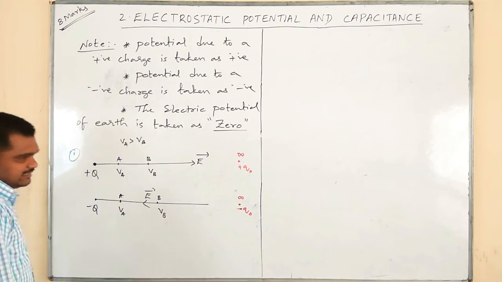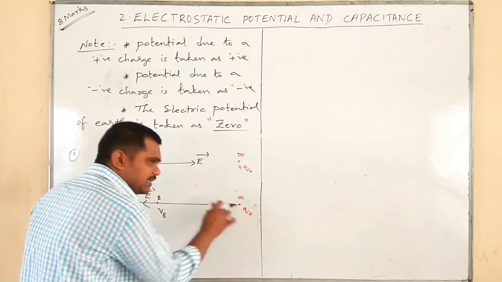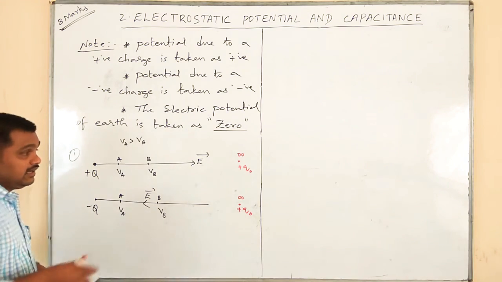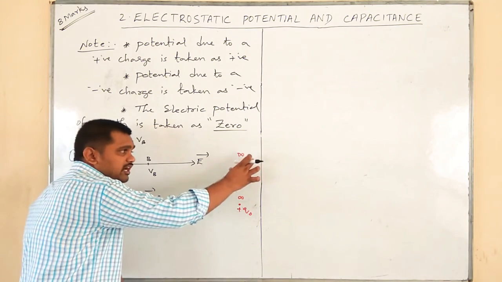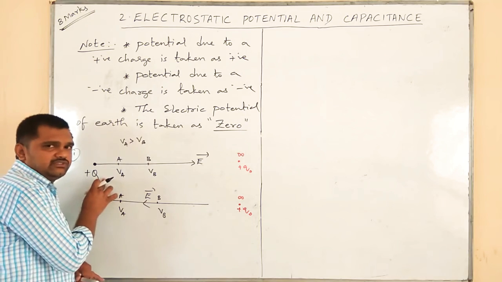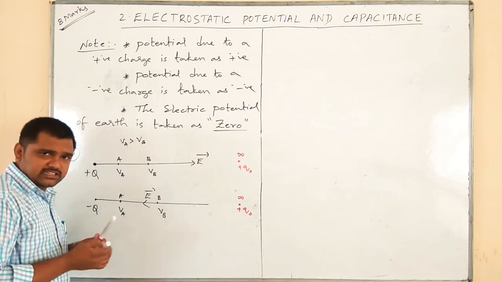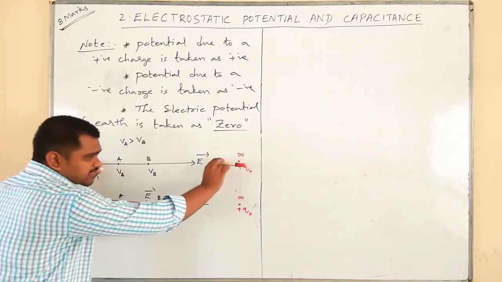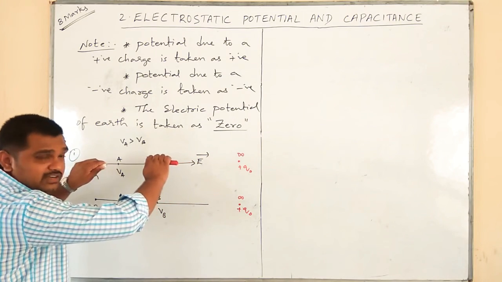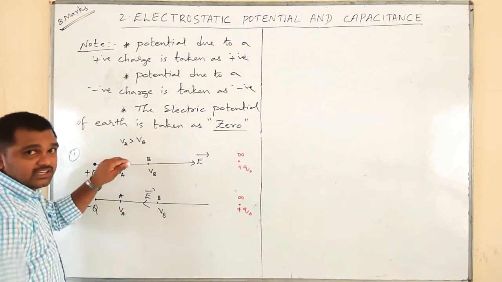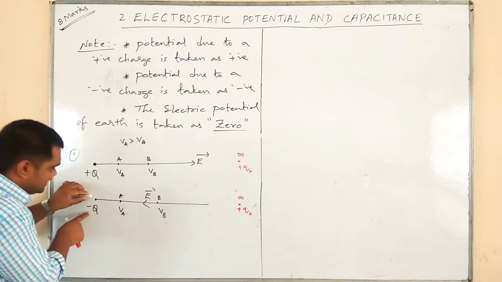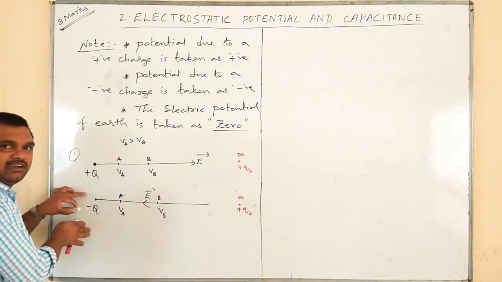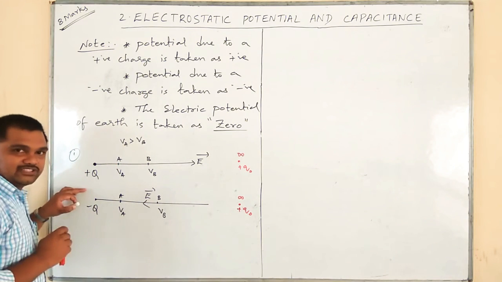The second thing is, here I will take the positive charge only. To bring a positive charge from infinity to a positive charge is a very risky job. It is just like moving the north pole of a magnet towards another north pole, isn't it? It becomes very difficult for us. But it is just like a south pole and a north pole: easily it will come towards the negative charge.